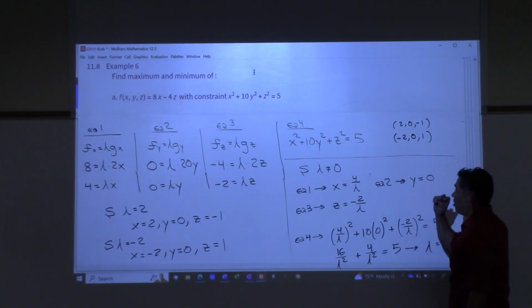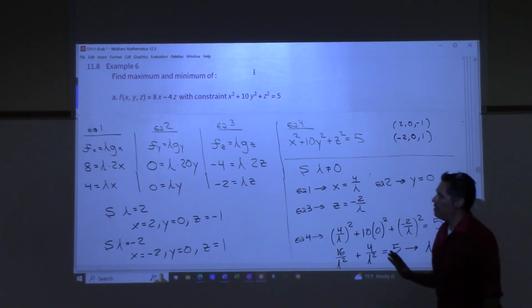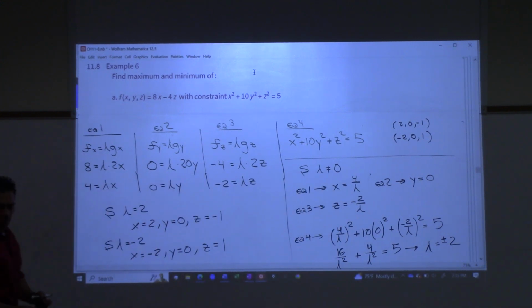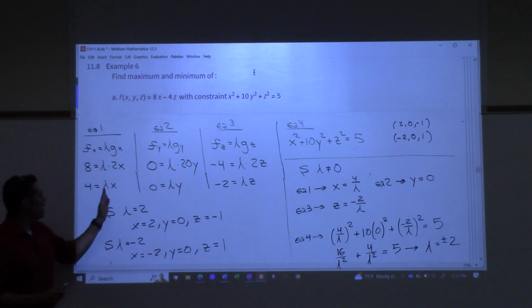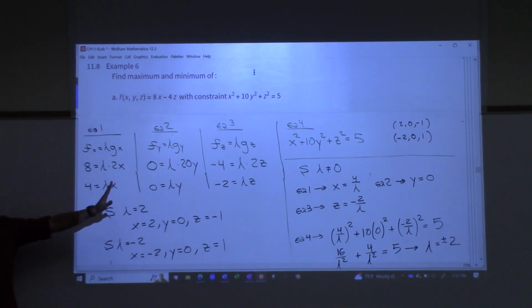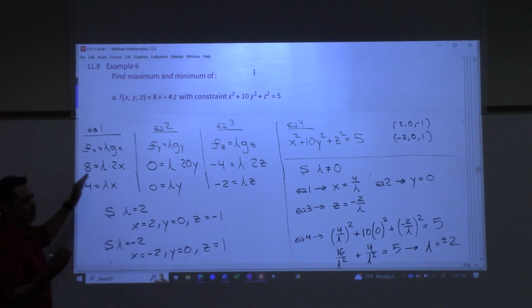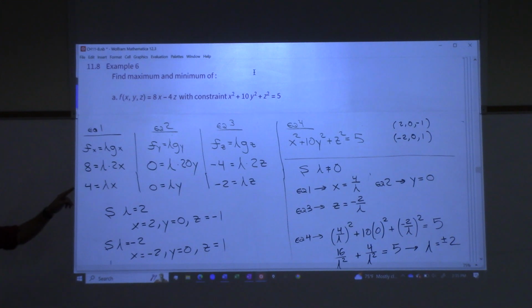What I know so far, well, let me see, have we covered all the cases? Have we taken care of every scenario? We said that lambda couldn't be 0, right? So we already said if lambda is 0, we can't satisfy which one? This one, right? So lambda can't be 0. So when lambda is not 0, it's that. Any other things?